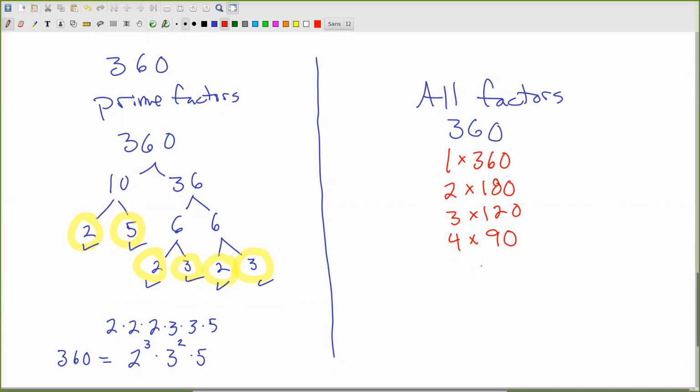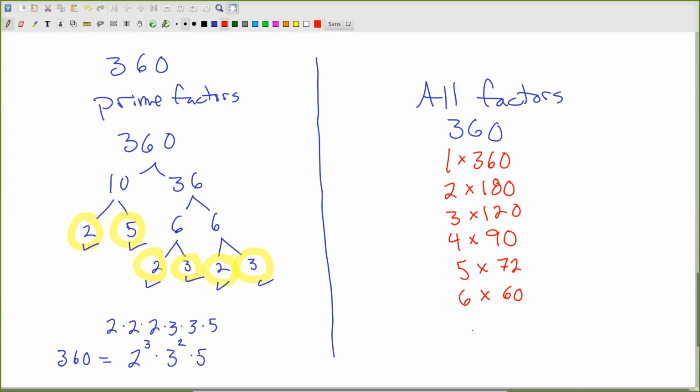Let's see, it ends in a 0, so 5 should go in there. And 5 goes in there how many times? I think 72, half of 72 is 36. Yeah, that looks right. 6 goes in there definitely because 6 goes into 36. So that should be 60.